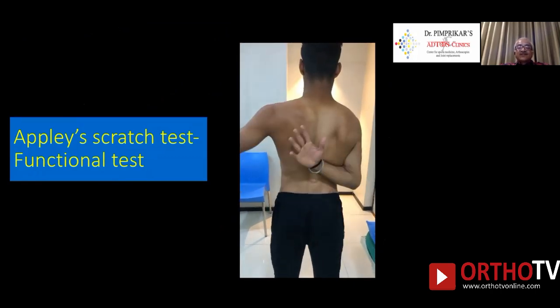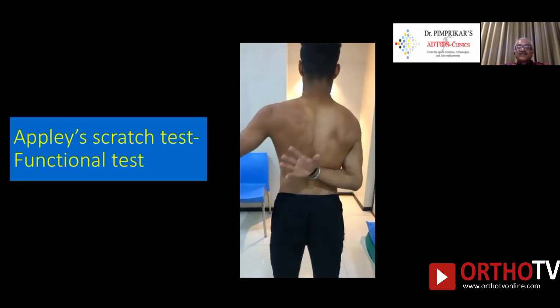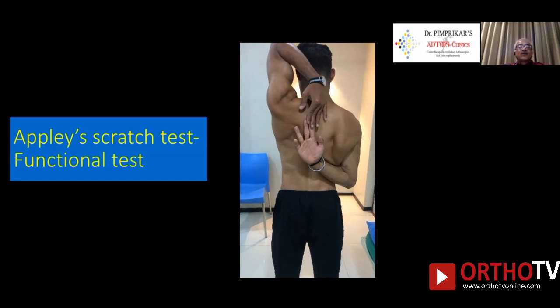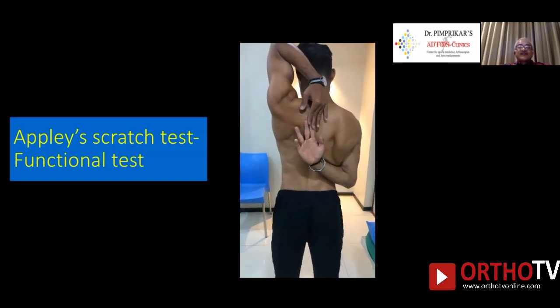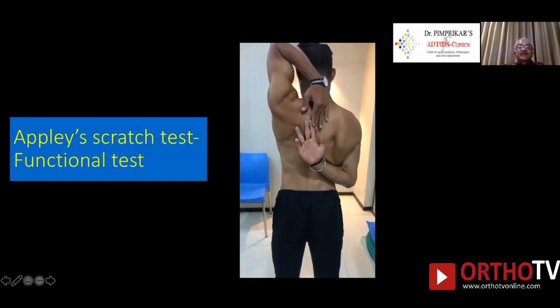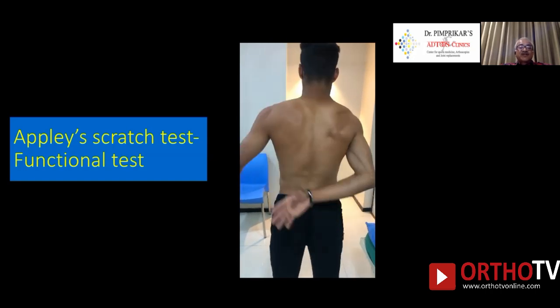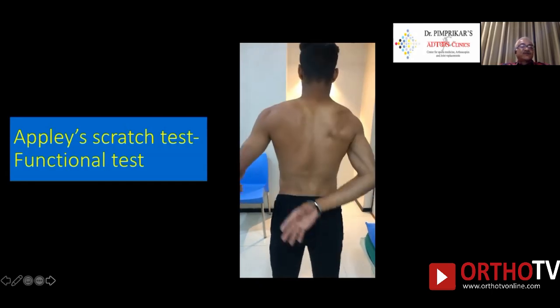It is often seen that on the dominant side, the range of motion is less as compared to the non-dominant side. Although that does not signify any disease, the smoothness of this movement done by the patient would probably suggest good shoulder dynamics and good shoulder functional control.